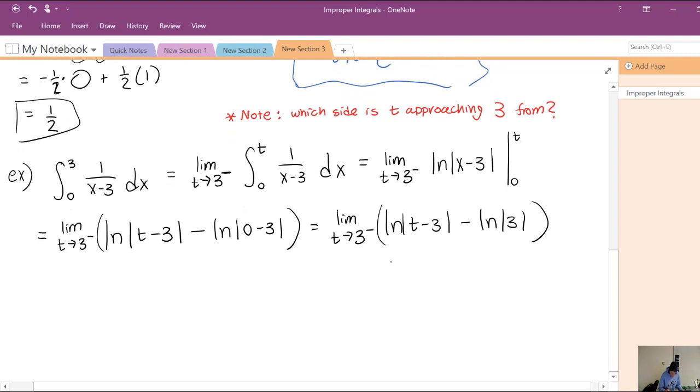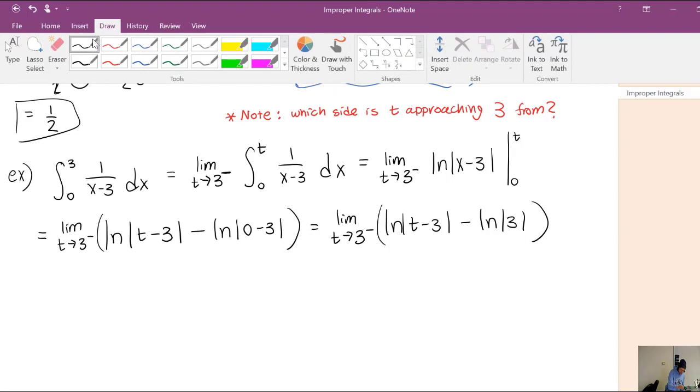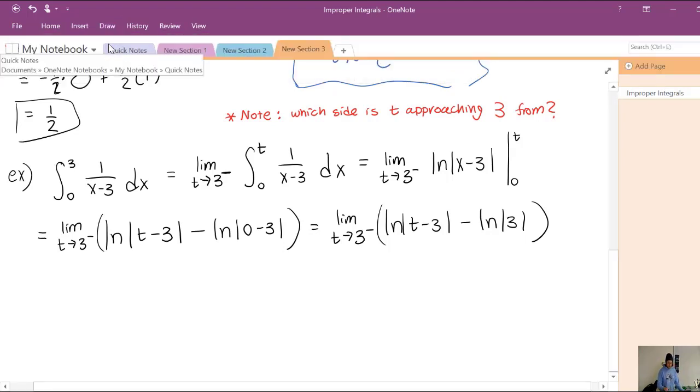Okay, so the last sticking point is we need to do this limit right here: natural log of t minus 3 as t approaches 3 from the left.